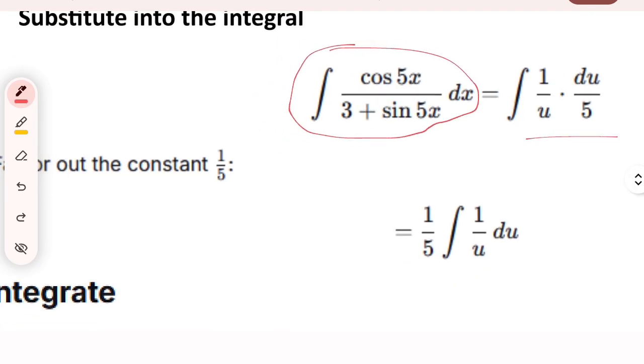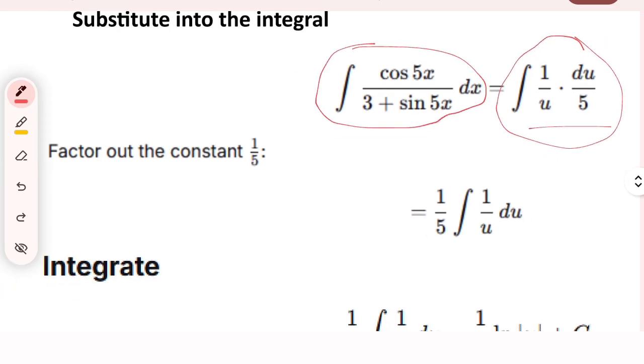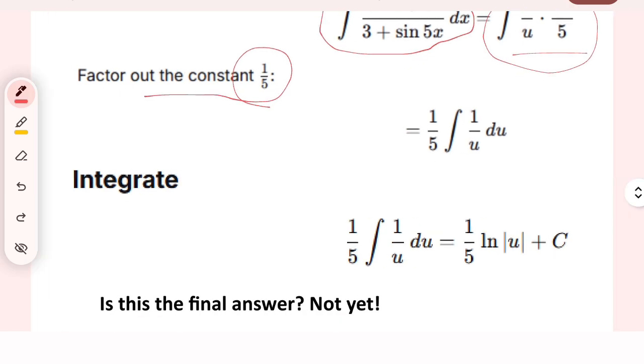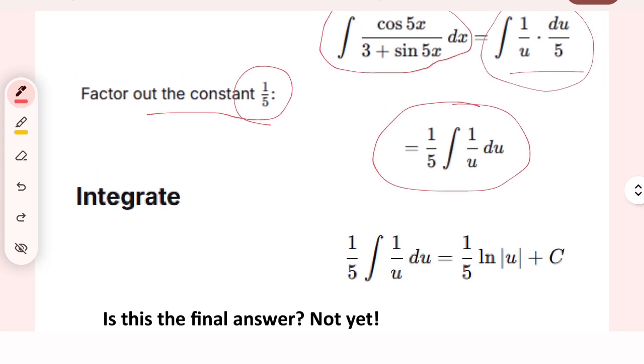So it becomes the integral of 1 over u times du over 5. We can factor out the constant 1/5. So we write 1/5 outside the integral sign, and the integral of 1 over u du.